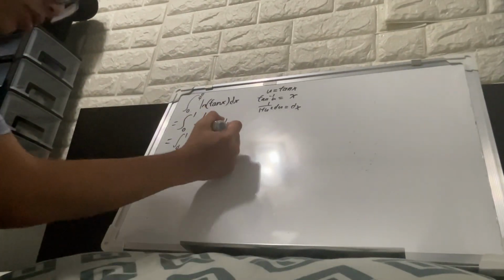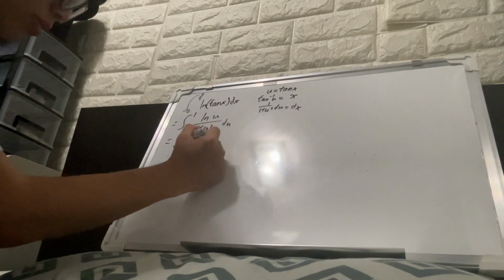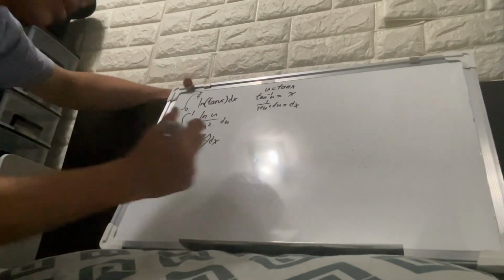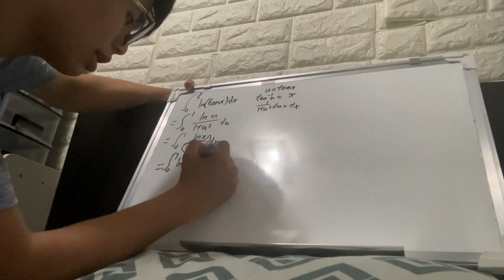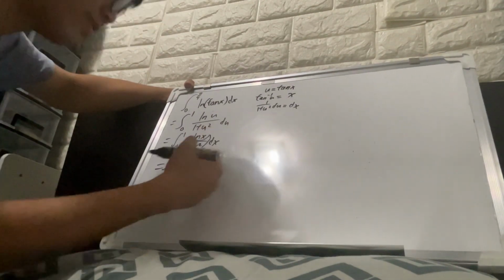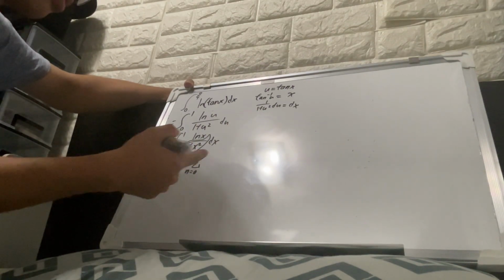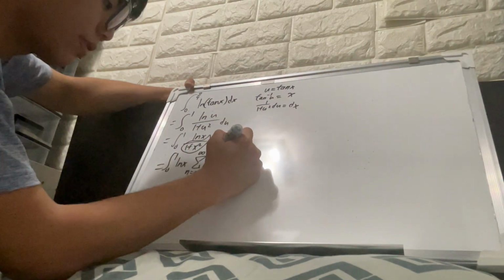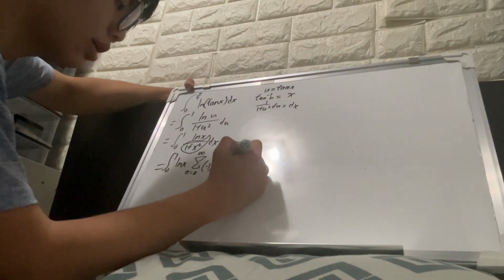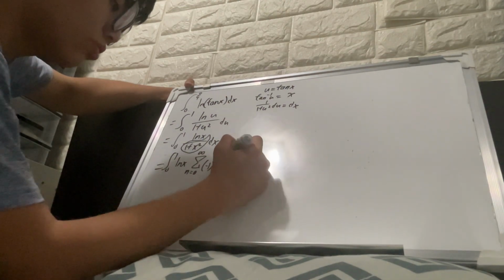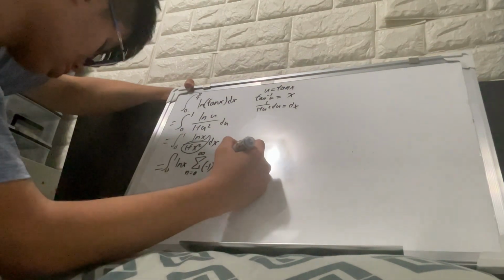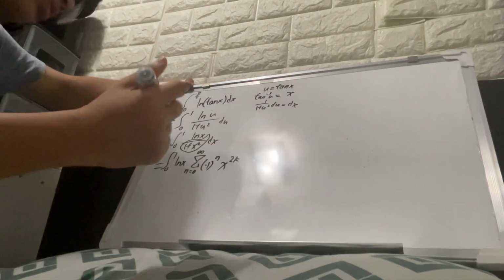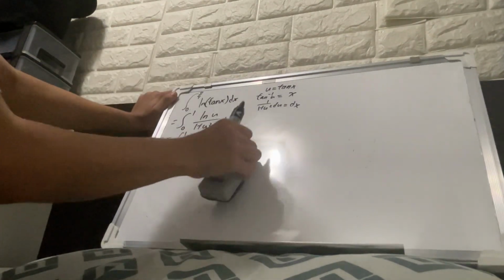I would like to use a series on this 1 over 1 plus x squared. The series of that is just the sum, the sigma, n equals 0 to infinity, I forget how to pronounce this, sorry. So the series of this is negative 1 to the power of n, multiplied by x to the power of 2n, because some people choose k.